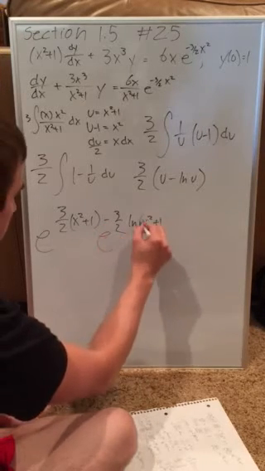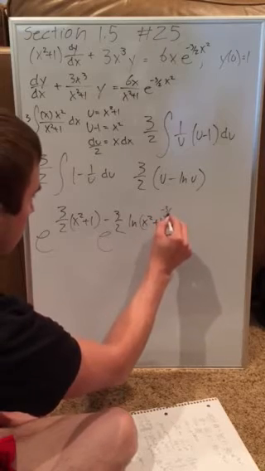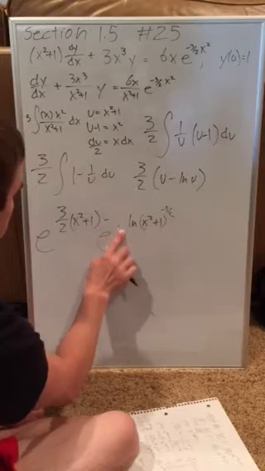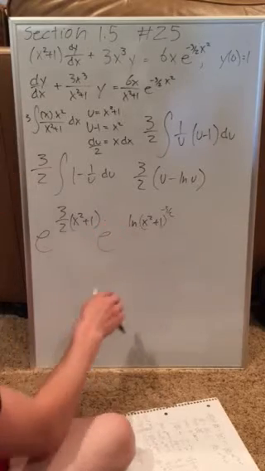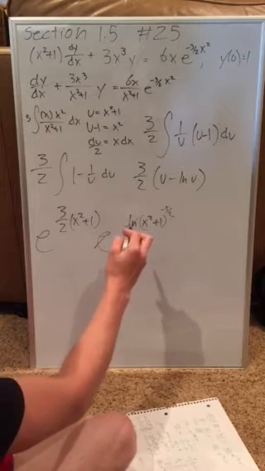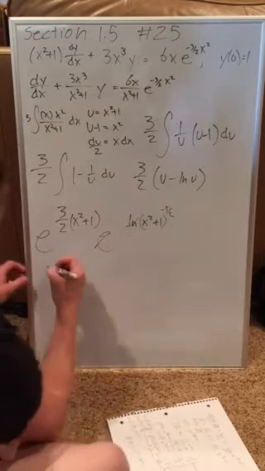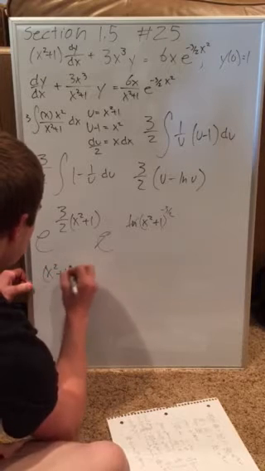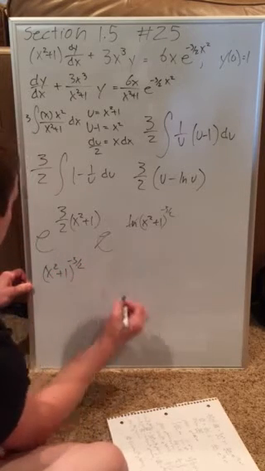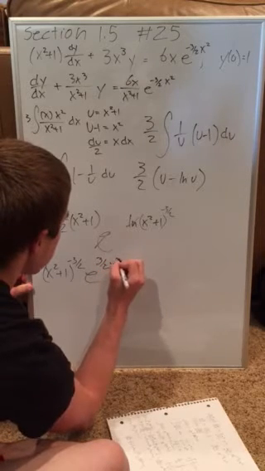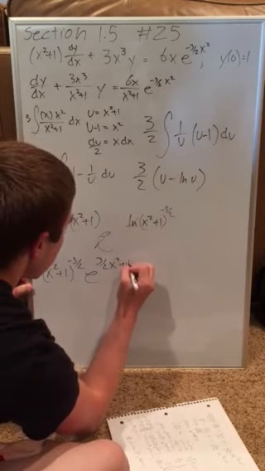We're going to put our negative 3 over 2 up here; if you don't know why, you can look it up, Google it. So we're going to eliminate those 2. Now our rho has changed to x squared plus 1 to the negative 3 over 2 times e to the 3 over 2 x squared plus 1.